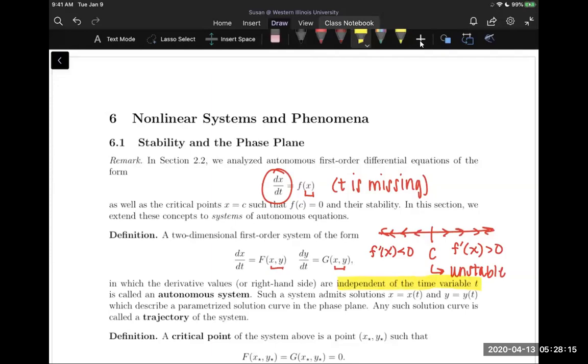Instead of an autonomous equation, now we have a system of two equations. And what we get is we can solve this system for solution curves, x of t and y of t, and that gives us a parameterized solution curve. Again, the parameterization just means that we have a definite orientation to our solution curves. Any such solution curve is called a trajectory of the system.